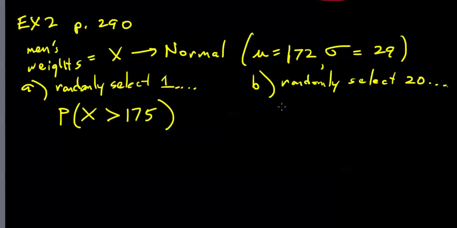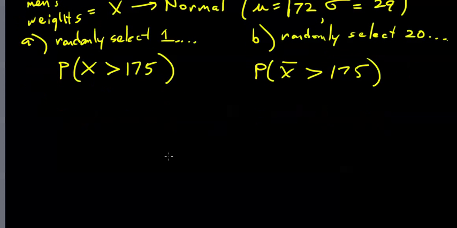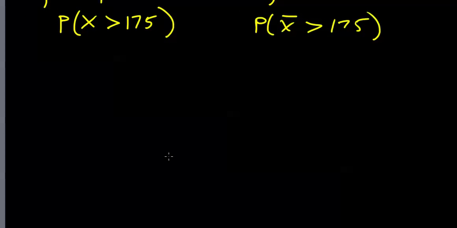And again, in part B, from this sample of size 20, we're going to compute a sample mean, and I want the probability that the sample mean weight is greater than 175. Again, a slight notational difference, but a very profound difference.